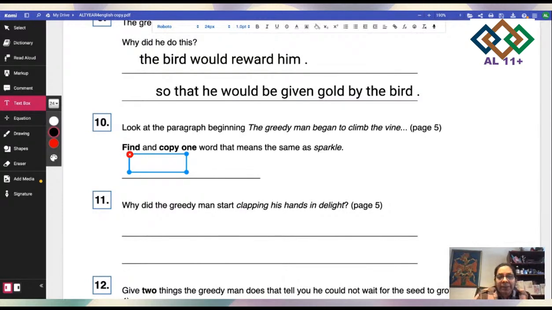Look at the way the word is being used in the comprehension. If you don't know the meaning of the word, you could still find the way it's being used in the comprehension, and then you could find the meaning of what they're asking you. So, they're asking you basically for one word which means the same as sparkle. Shine, yes, good. You can write shine.